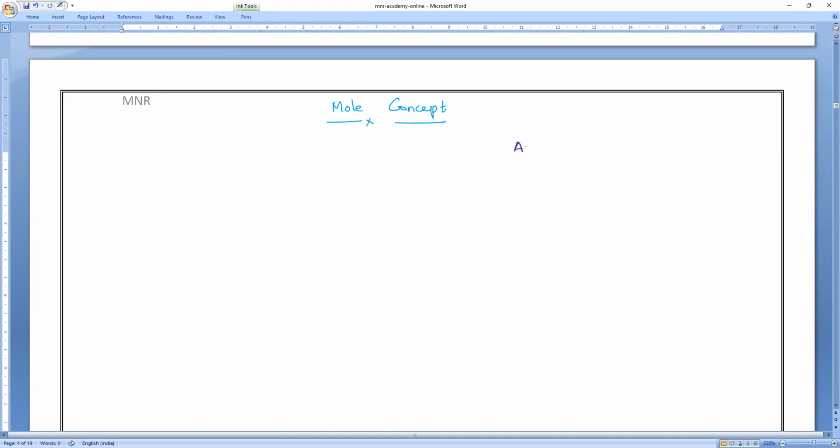Anybody? What is the value of Avogadro number? It is 6.022 into 10 power 23 particles.